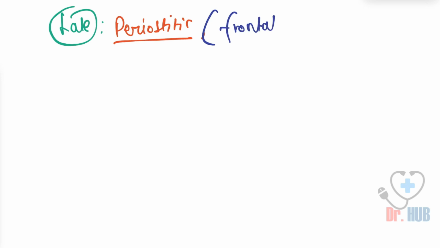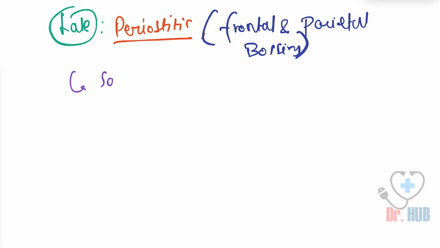What does the late include? Late includes features of the skeletal. It includes periostitis, and this causes the frontal and parietal bossing. Then we also have the saber tibia. There is a scapula finding.